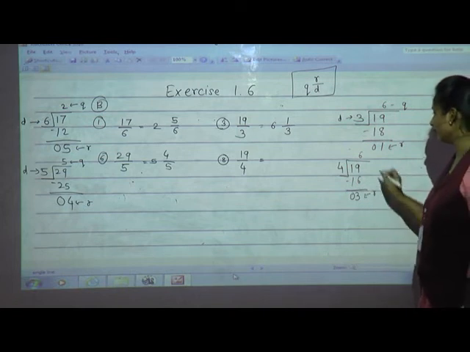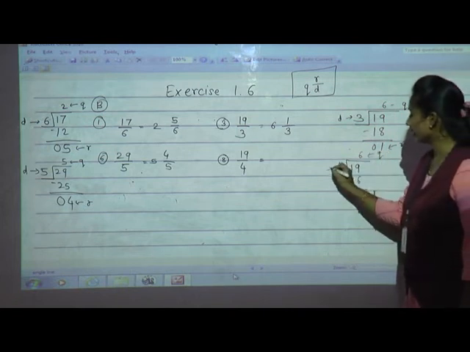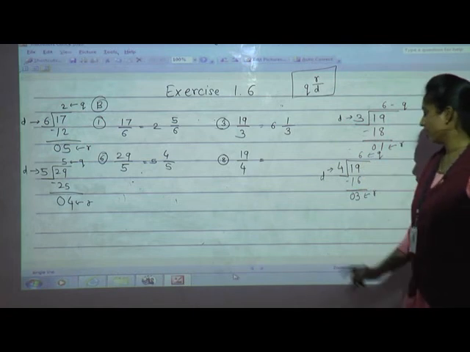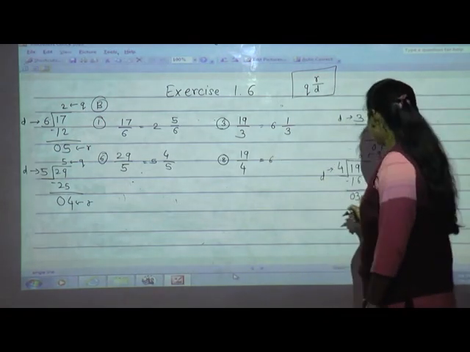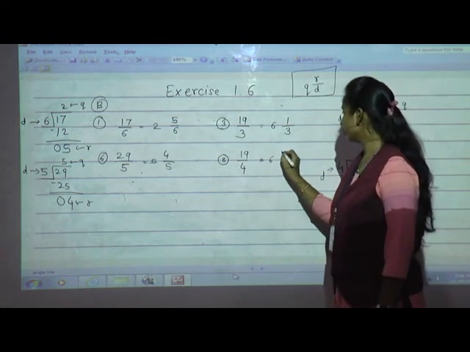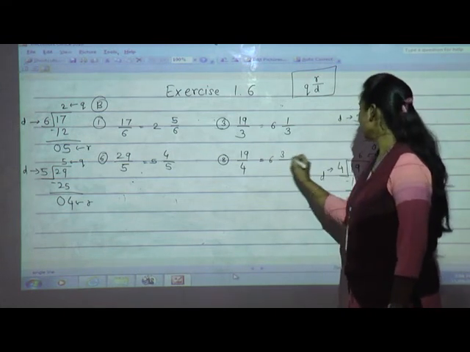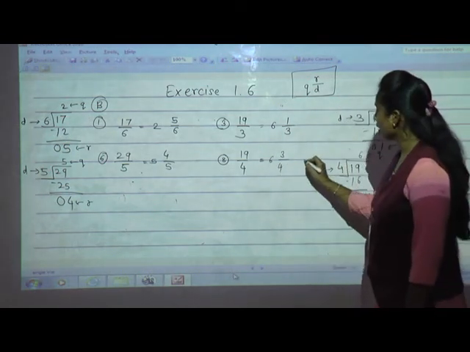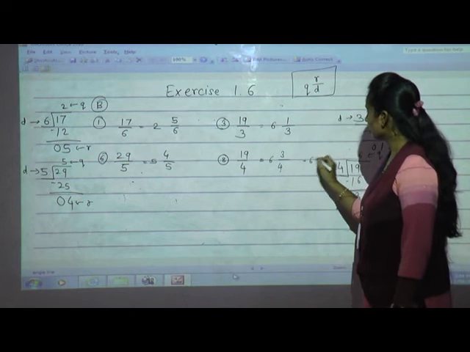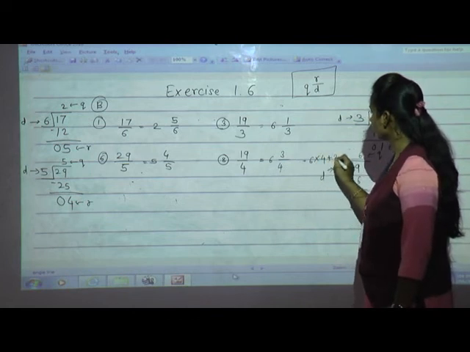This is remainder, this is quotient and this is denominator. So we write quotient first. Quotient is 4 and the remainder we'll write in the place of numerator, that is 3, and the denominator remains as it is. How we are cross checking students?